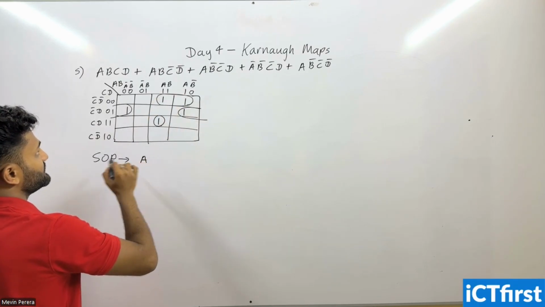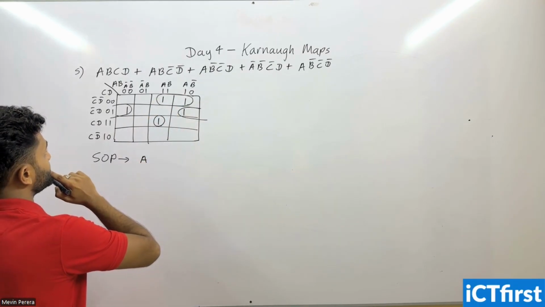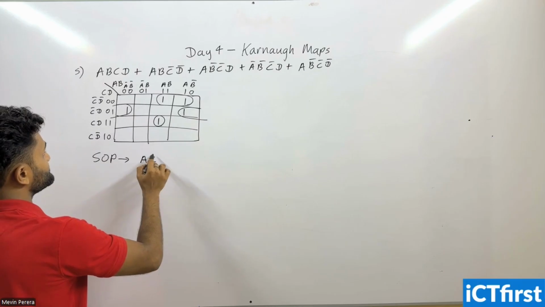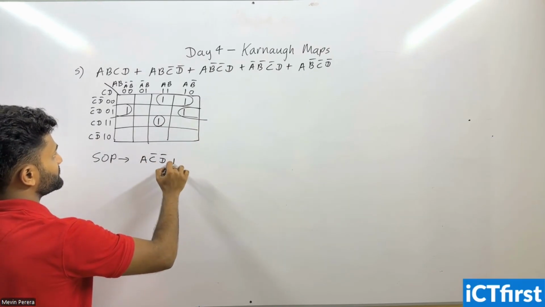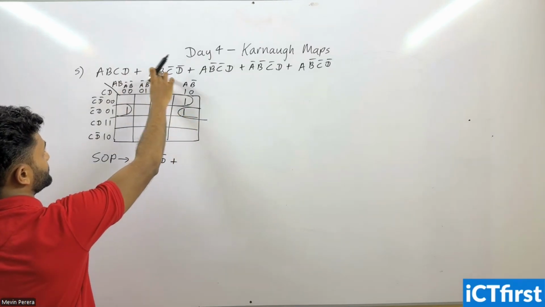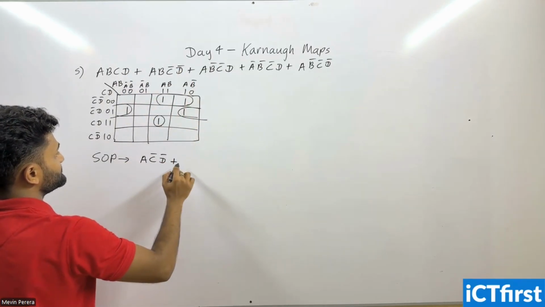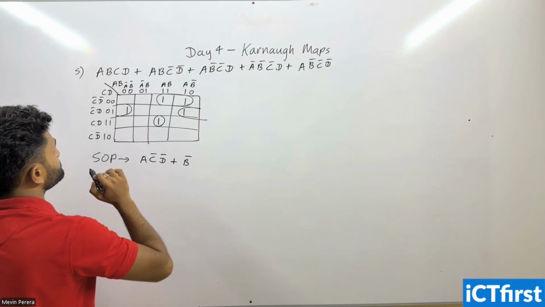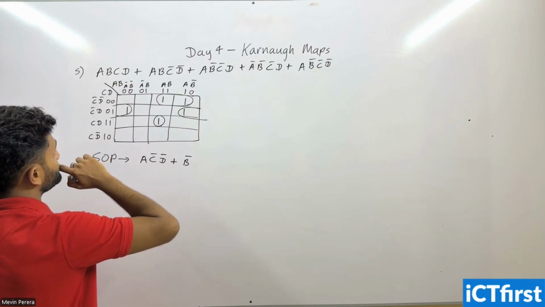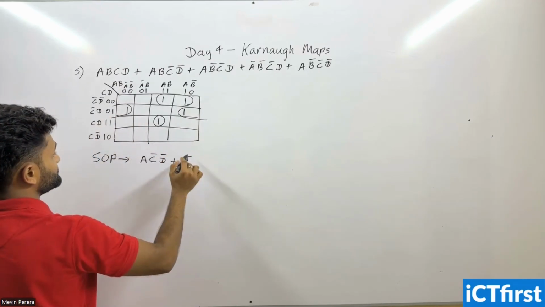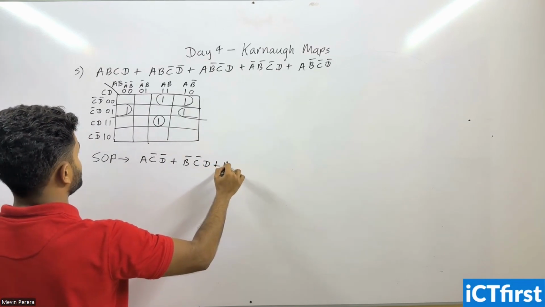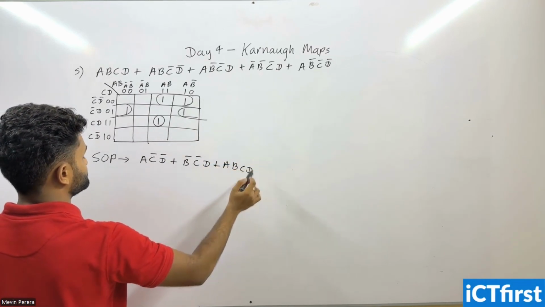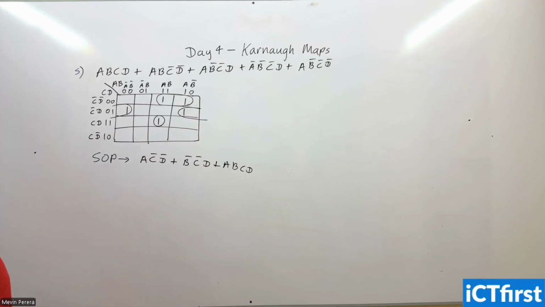The common one is A, and on the other side Z bar, T bar. Then for this one, the common one is both of them, right? So the common one is B bar, and then here C bar D plus, and we have to write A, B, C. So this is the most simplified expression, right?